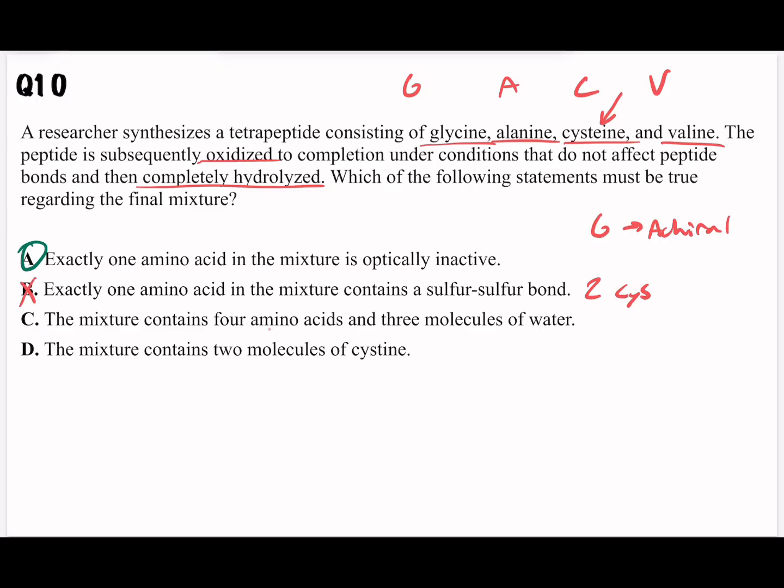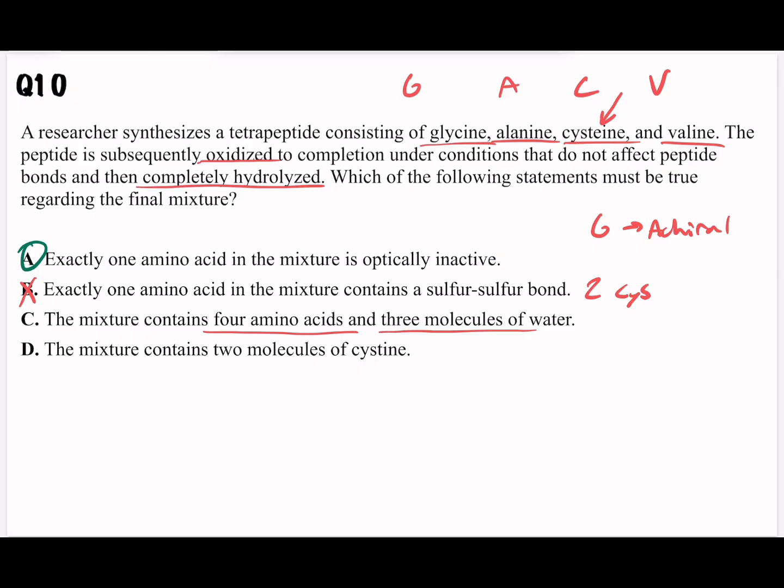C, the mixture contains 4 amino acids and 3 molecules of water. So answer choice C is really testing whether or not you know how hydrolysis works. And so an answer choice that says 4 amino acids is correct. We know that there are 4 amino acids. It tells us that. Hydrolysis is occurring. We're taking a tetrapeptide, breaking it up into its constituent amino acids.